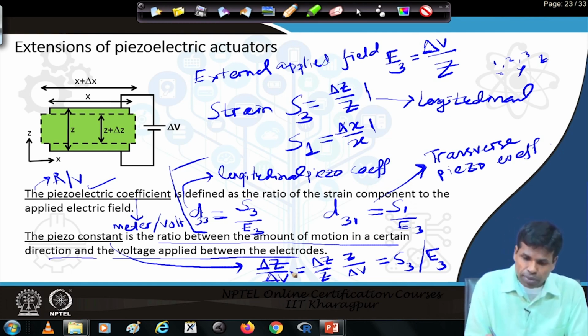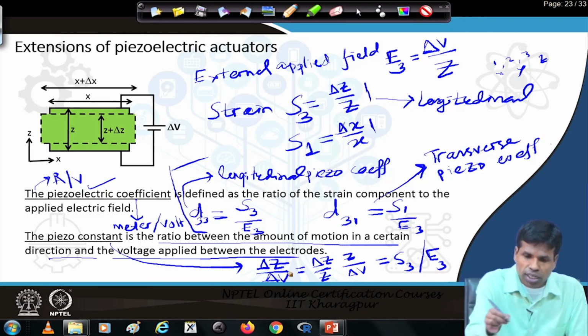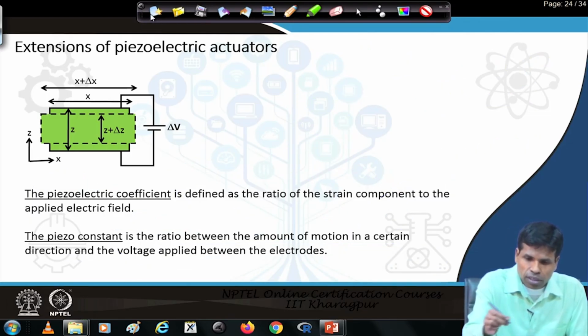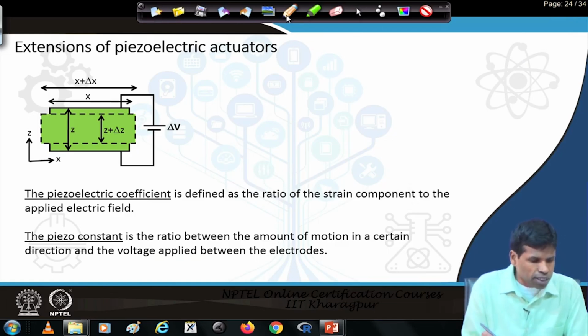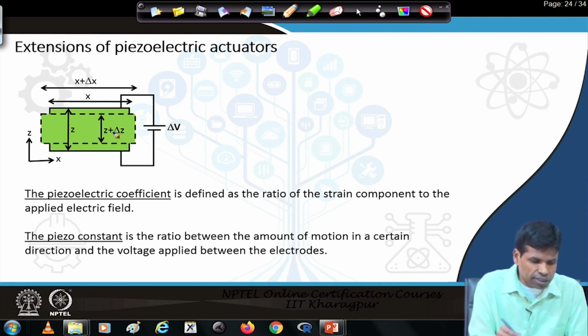This is about del z by del V, the piezo constant in the longitudinal direction. On the other hand, if we consider the transverse direction, there is also a change in the extension of the plate in the x direction.